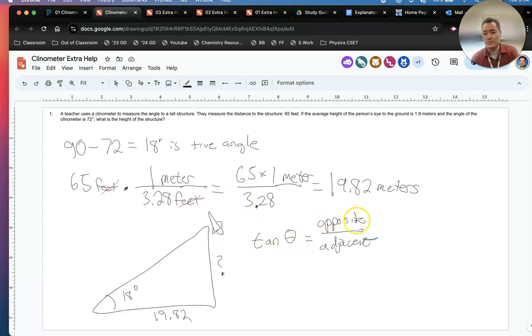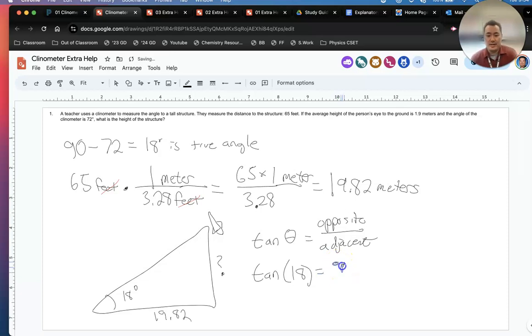If it's new to you, you just have to trust the process and follow along. Theta is the angle. So what is our theta, Jesus? What's the angle that we found? What's the true angle of our clinometer? I wrote the word true angle next to the 18. So everyone write tan 18.